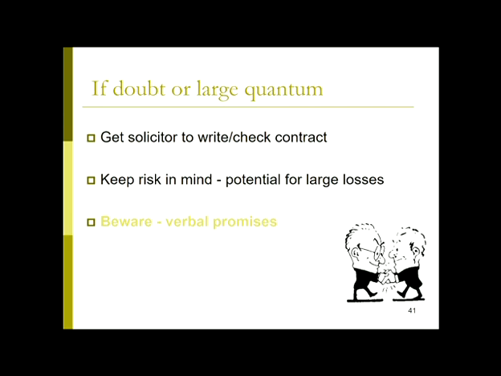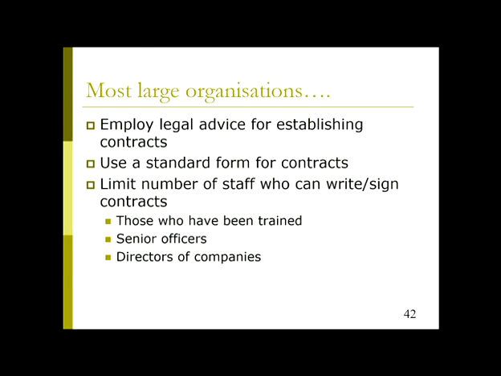Everything has to be very thoroughly documented. Most large organisations will employ specialist contract legal advice, or they'll use the standard documents depending on how big it is. Also a really important point is to limit the number of people within your organisation who can write, sign and develop contracts. Keep it to the people, preferably one person, who knows the most about it.